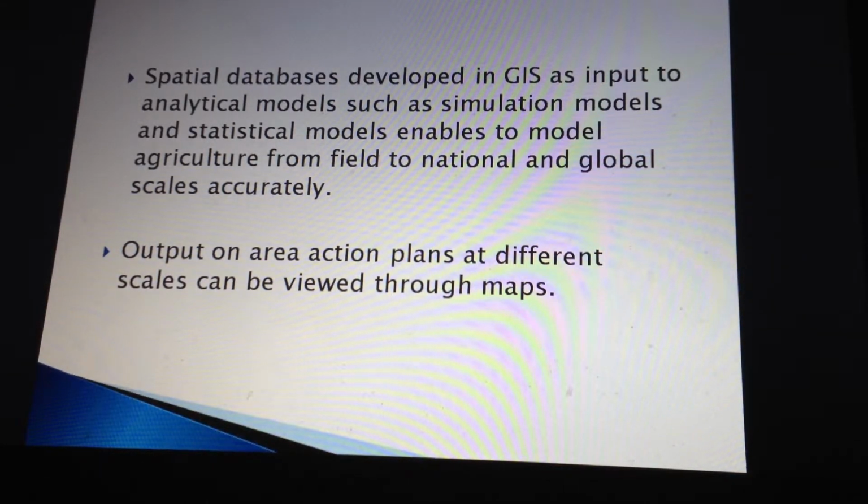Spatial databases developed in GIS as input to analytical models such as simulation models and statistical models enable us to model agriculture from field to national and global scales accurately. Output on area action plans at different scales can be viewed through maps.